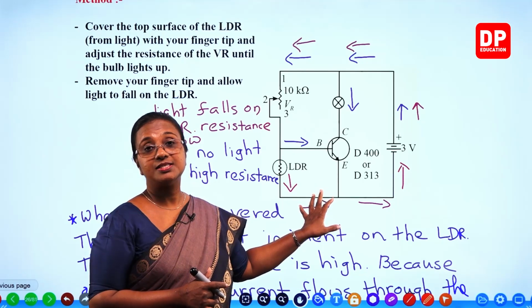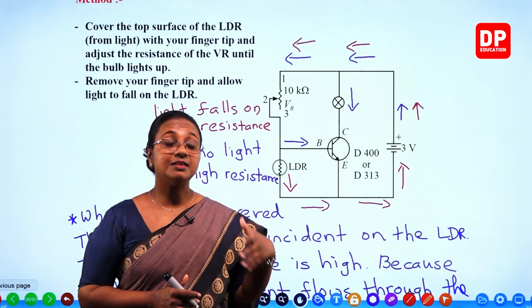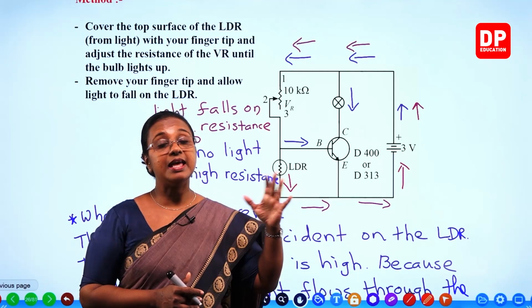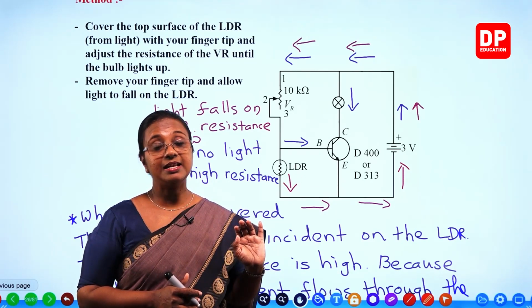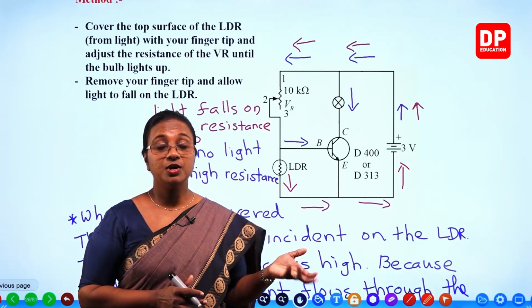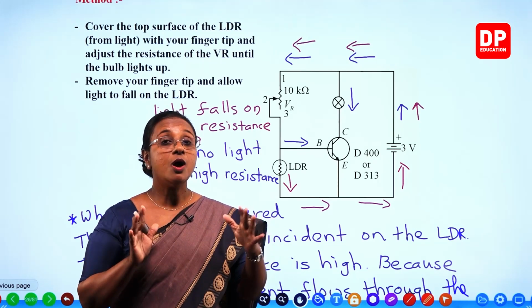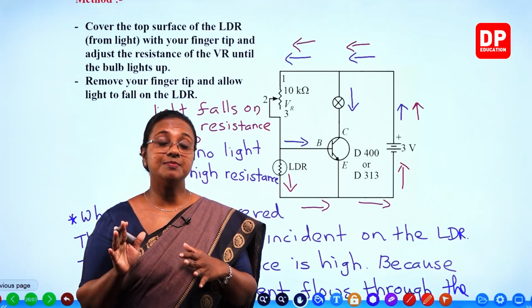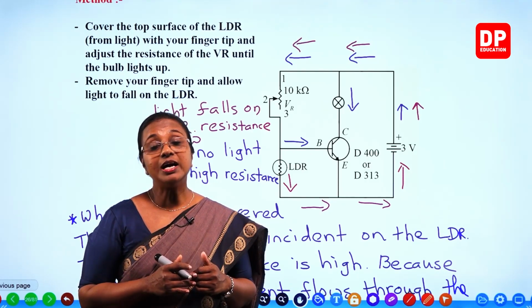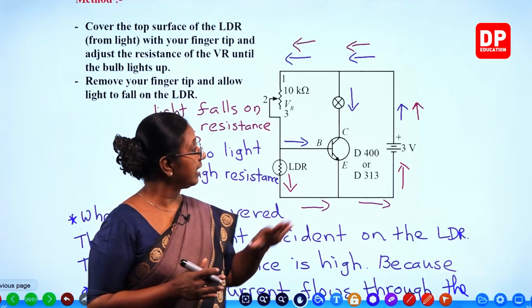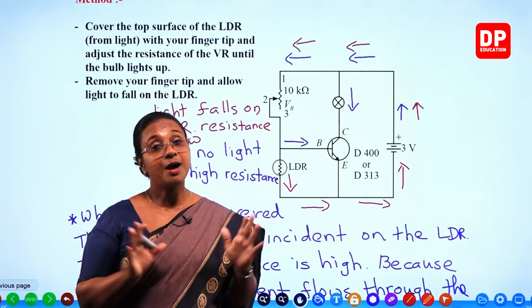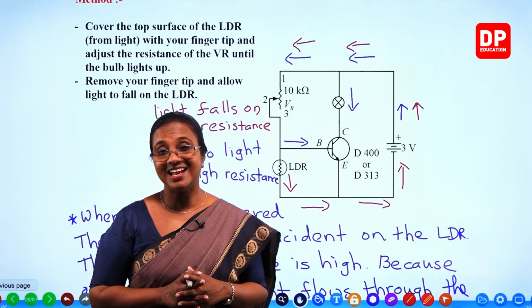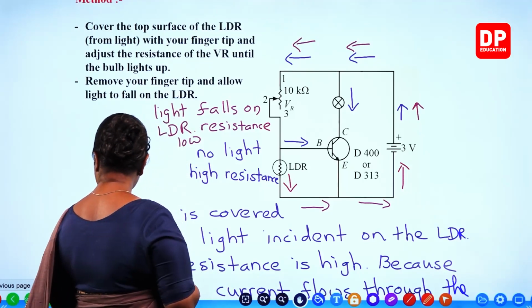When it is dark, the street lights come on, and if it is daytime, the street lights go off. So wherever we need an automatic switching system related to a light sensor, we can use this circuit. I'm sure you all can understand that. Then I'll move on to the next slide.